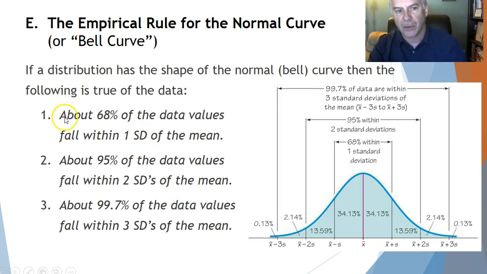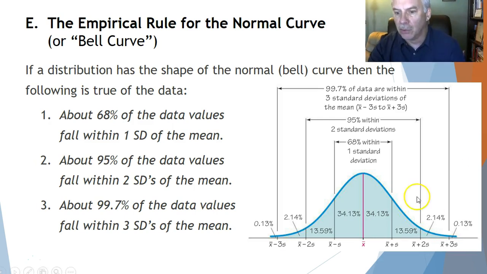All right? The first fact is that about 68% of the data values will fall within 1 standard deviation of the mean. So the mean is right here in the middle. The normal curve is symmetrical. It's the same on both sides, and the mean will be right in the middle. Okay?